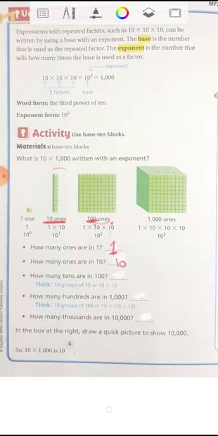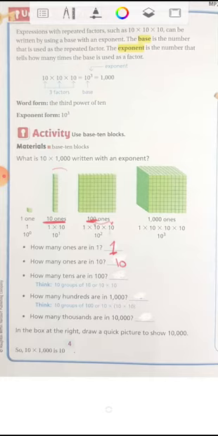So if you want to write it in powers of 10, you write the base 10 and the number of repeated factors, which is the exponent. So 1, 2, 3, I have three tens. This means the exponent will be 3. So the exponent form here is 10 power 3.